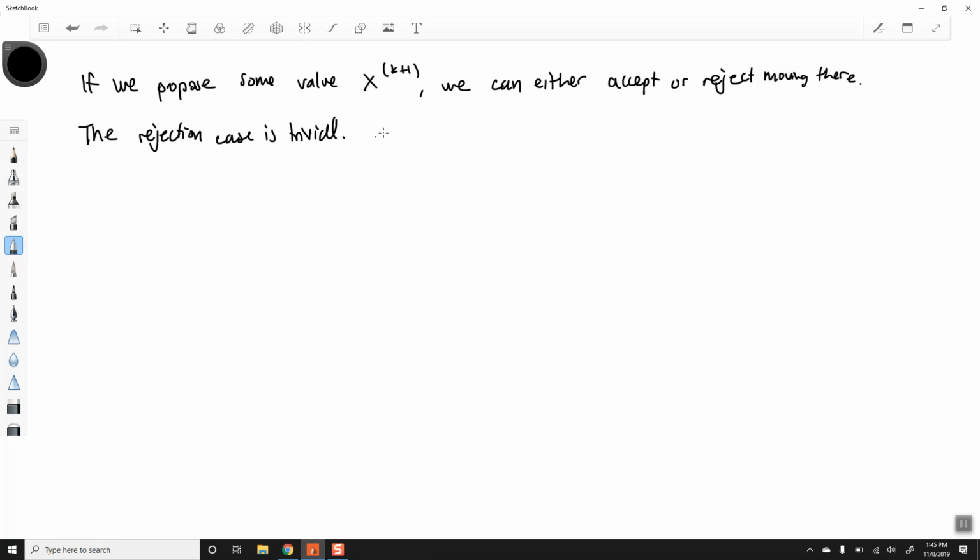We propose some value x star, and if we reject, then the next value, x k plus 1, is equal to our current value, all right, and we will have detailed balance, right?